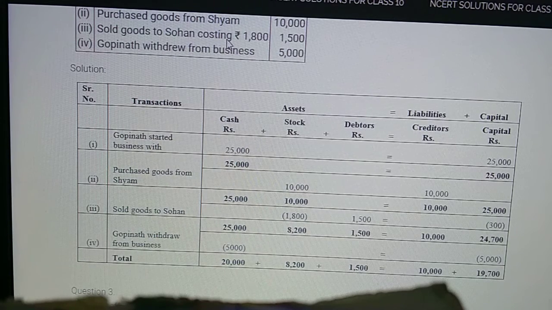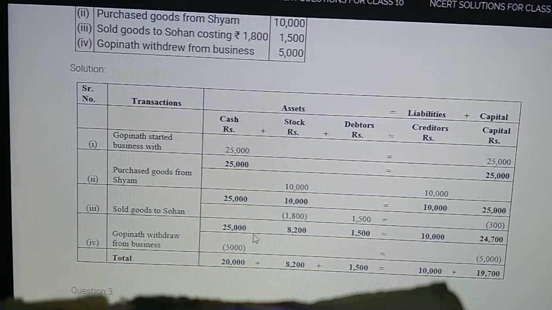How much amount do you take from him? That's 1,500, so we have written here 1,500. So goods of 1,800 are sold to Sohan for 1,500, and you are getting a loss of 300, shown in brackets, meaning minus. So your capital is going to reduce by rupees 300. Again balance this equation.